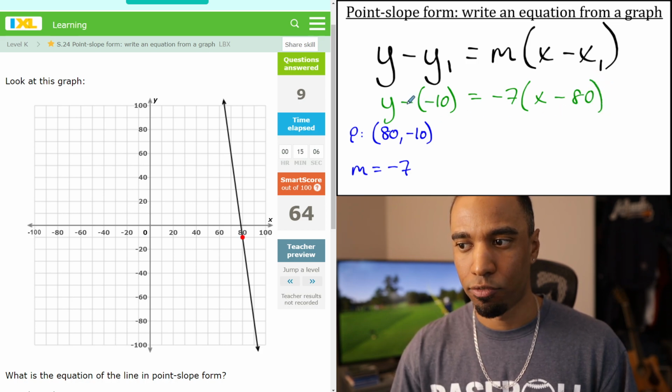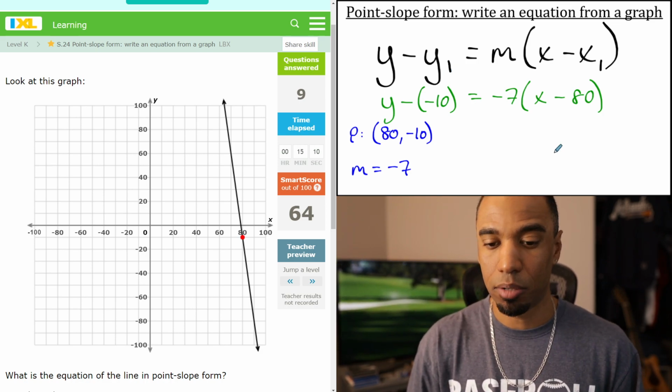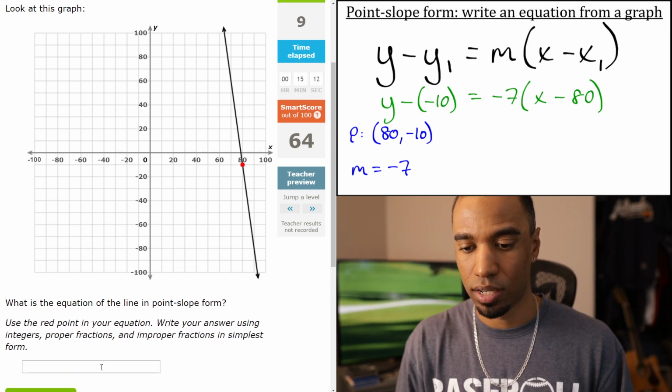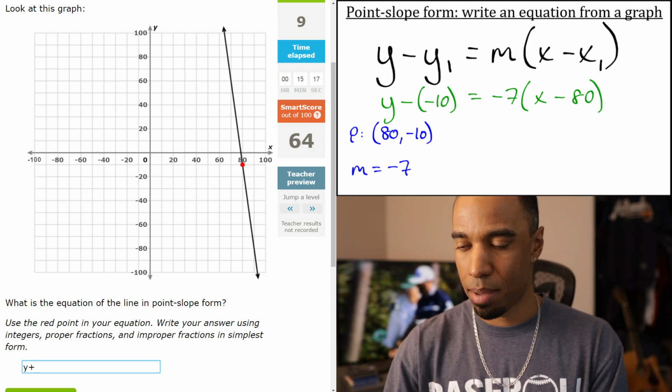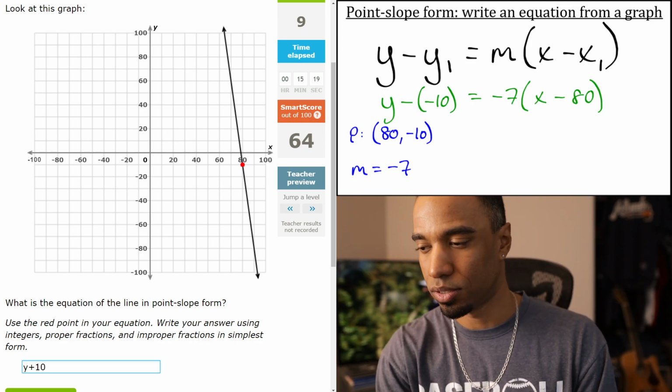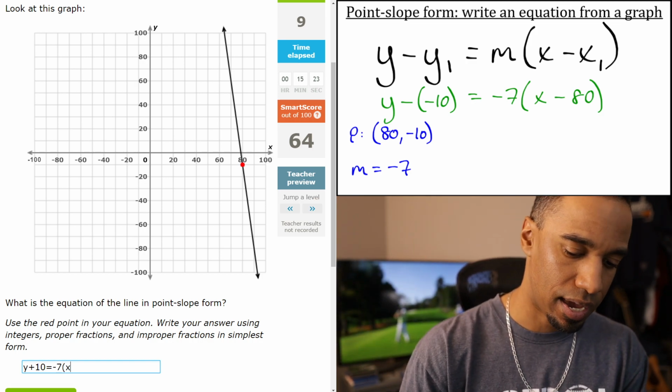I only call it raw form because right now it's subtracting the negative. But when I type in this equation, I'm going to put a plus 10, and it should accept it, despite that template not being there. So I have y plus 10 this time equals negative 7 times the quantity x minus 80.